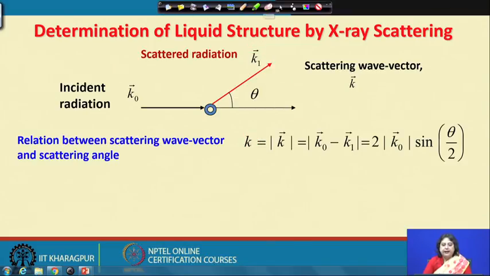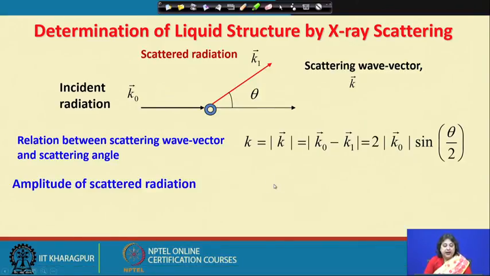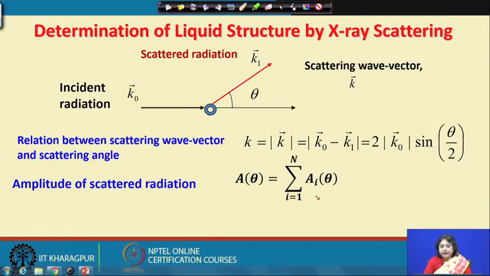Now, if I look back and try to understand the source of this scattering, I understand that the amplitude of scattered radiation will depend on theta, and at every theta there will be contributions coming from all the atoms present in the system.